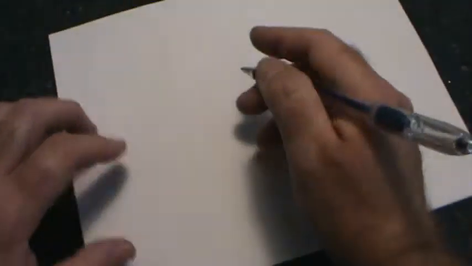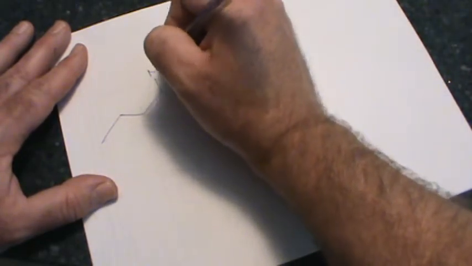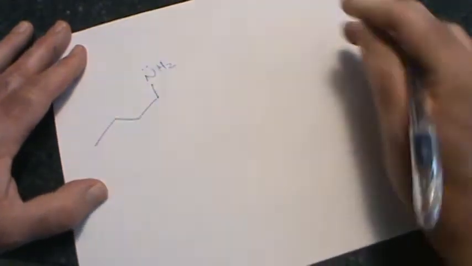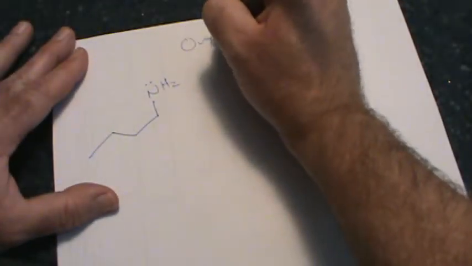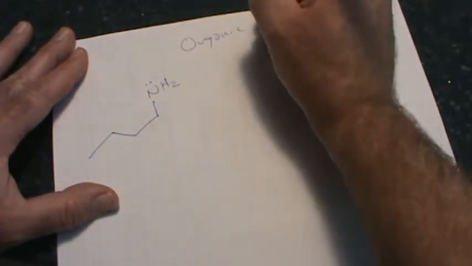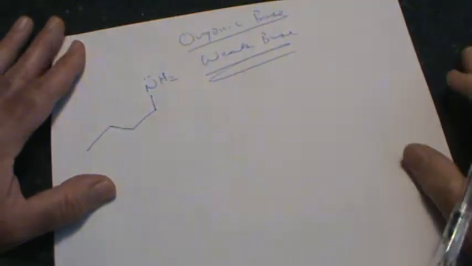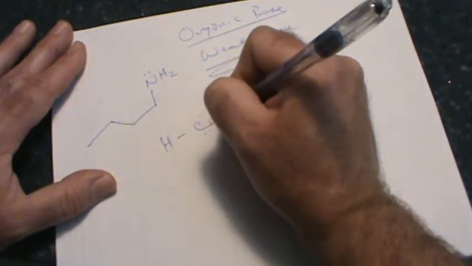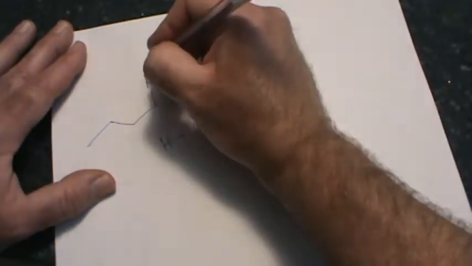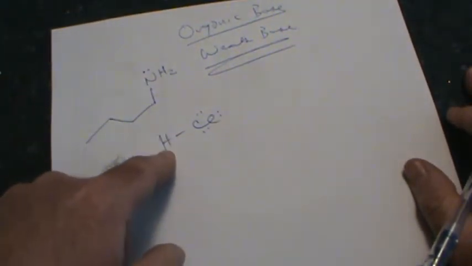I mentioned ammonium ions. Let's just see how those ammonium ions can form. A real common way for an ammonium ion to form is to take an amine, which is an organic base. It's a weak base, not a strong base, but it's an organic base nonetheless, which means simply that if you introduce an acid, let's say HCl, the amine will be basic and it will pick up an acidic proton.